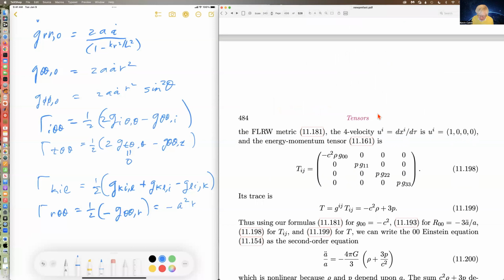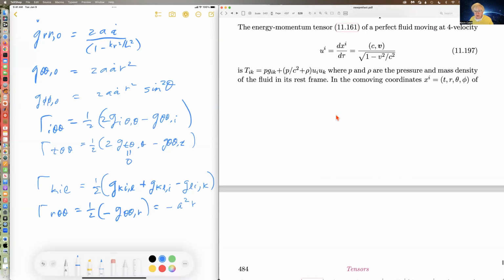In other words, our coordinates r and theta and phi are coordinates in the universe in which the expansion of the universe is accounted for simply in the scale factor A of t. And so in these co-moving coordinates, the 4-vector velocity is just 1, 0, 0, 0.